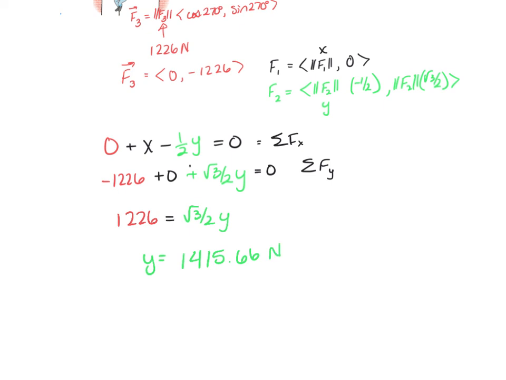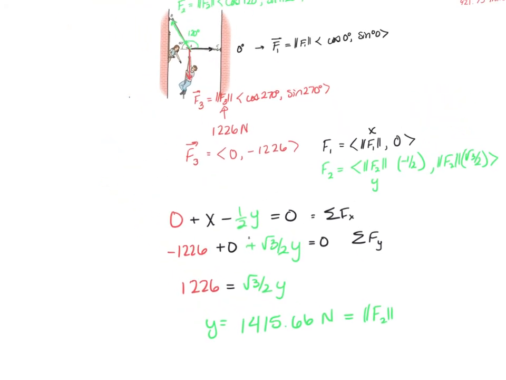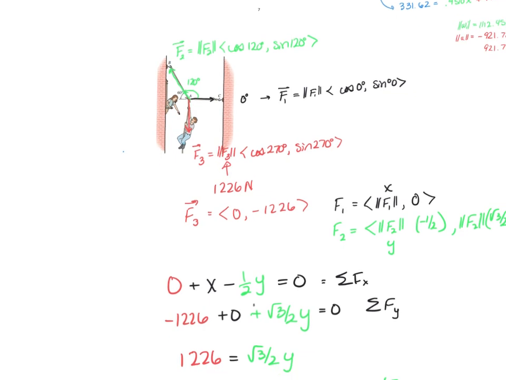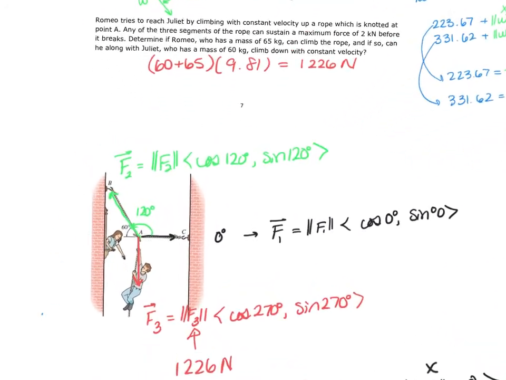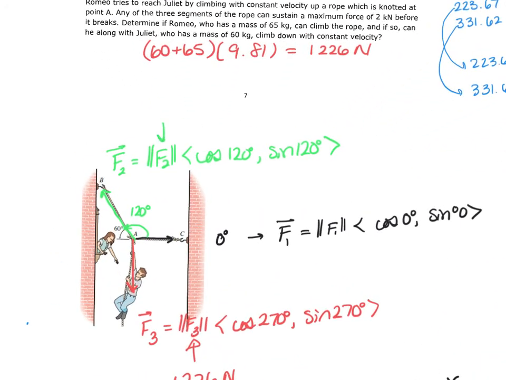So that is my magnitude of the rope, the tension in that direction, which was off of the 60. So we know that we found F2, which is 1,415.66 newtons.